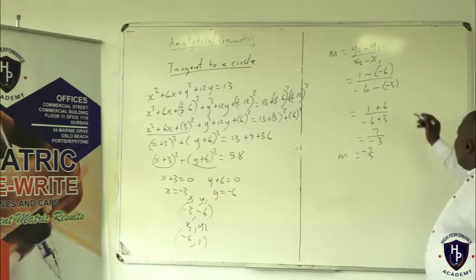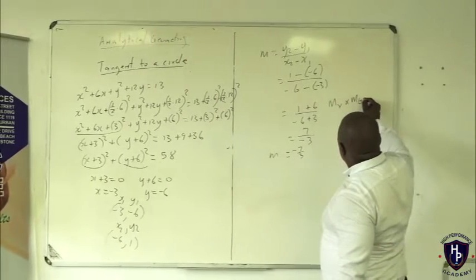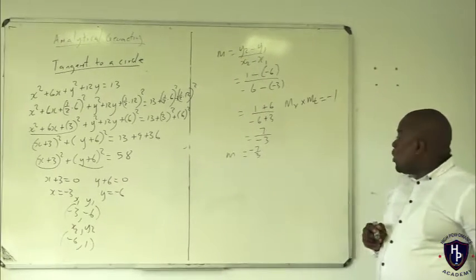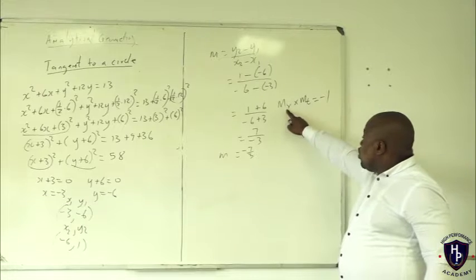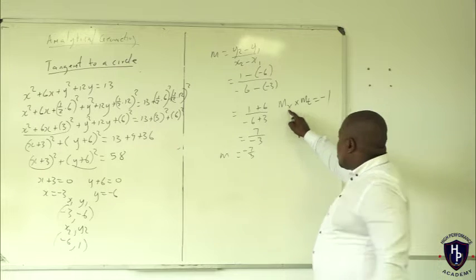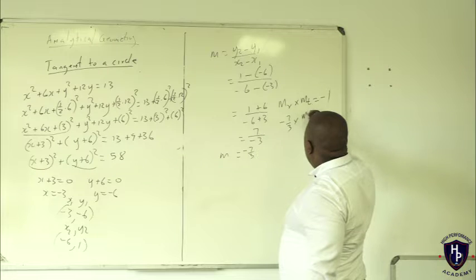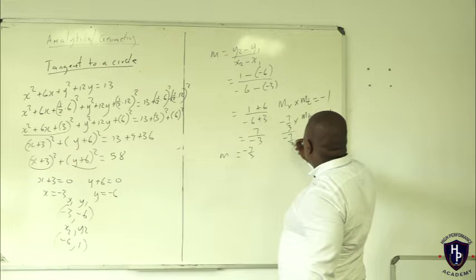Remember, the gradient of the radius times the gradient of the tangent gives us minus 1. Now we want to calculate the gradient of the tangent using the gradient of the radius. So minus 7 over 3 times m of tangent equal to minus 1. Divide by minus 7 over 3.